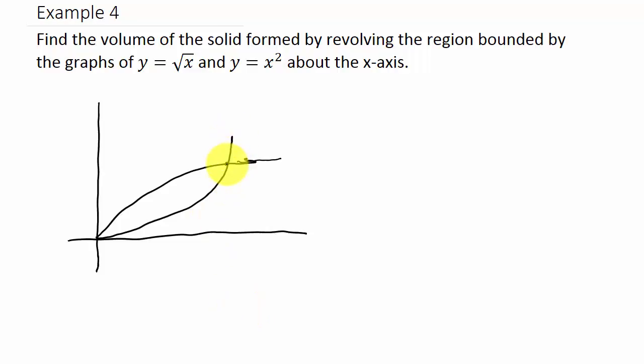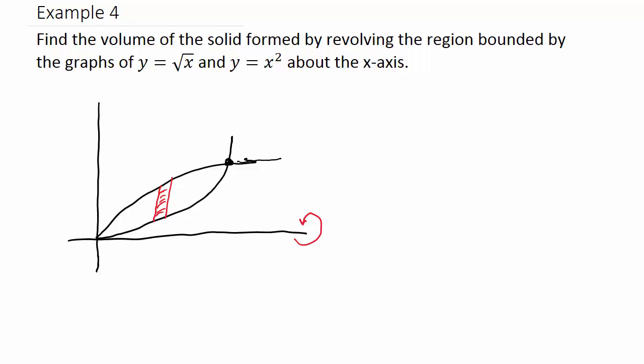You can see they intersect here. We're revolving this region about the x-axis. Let's put our rectangle in there. Remember, when you're doing the washer method, your rectangle is going to be perpendicular to the axis that you're revolving it around.